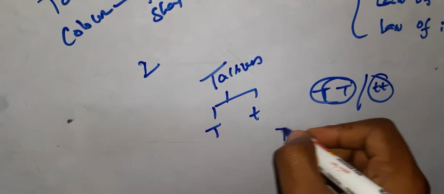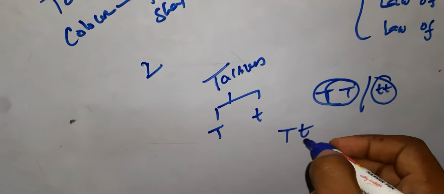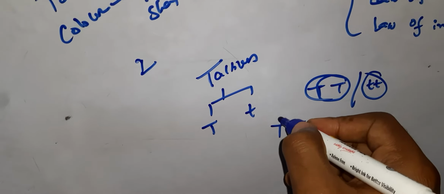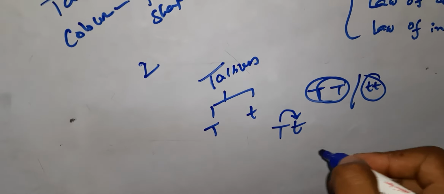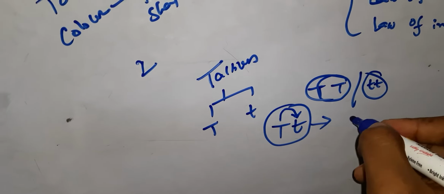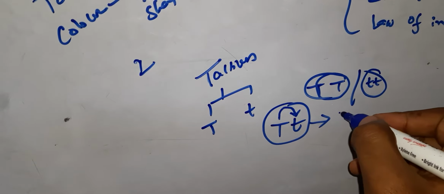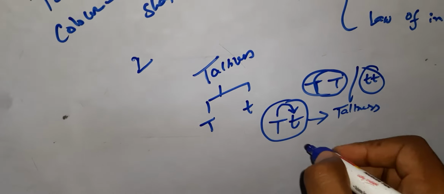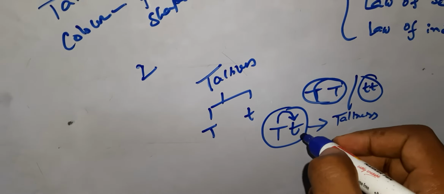And in case of the heterozygous condition, organisms that possess capital T and small t, capital T becomes dominant over small t, and in this case the organism resembles phenotypically tallness, but genotypically they are heterozygous.